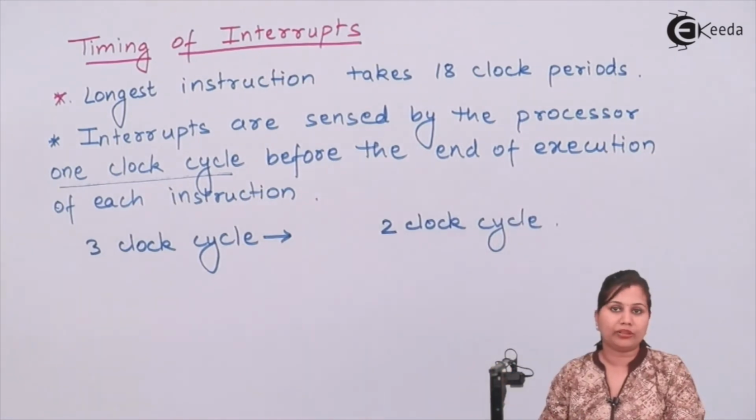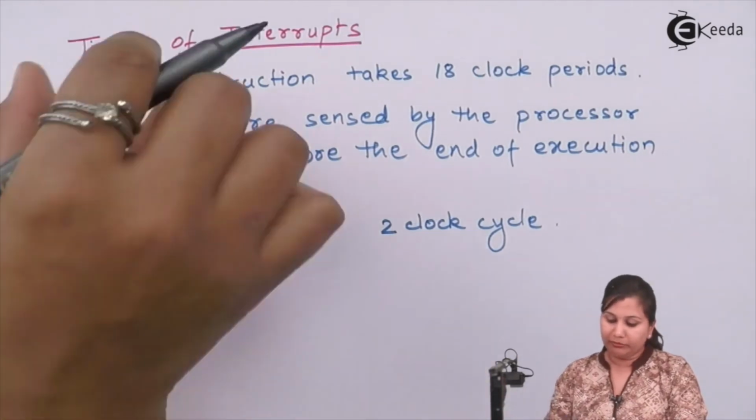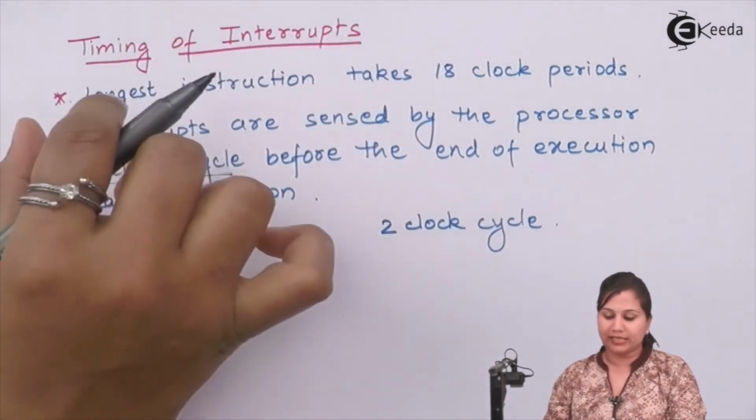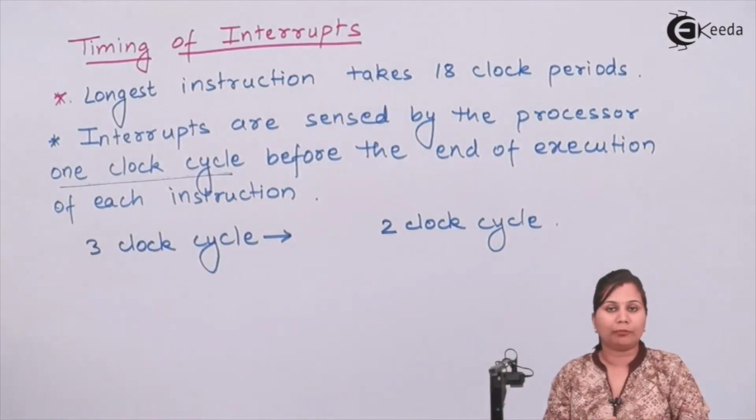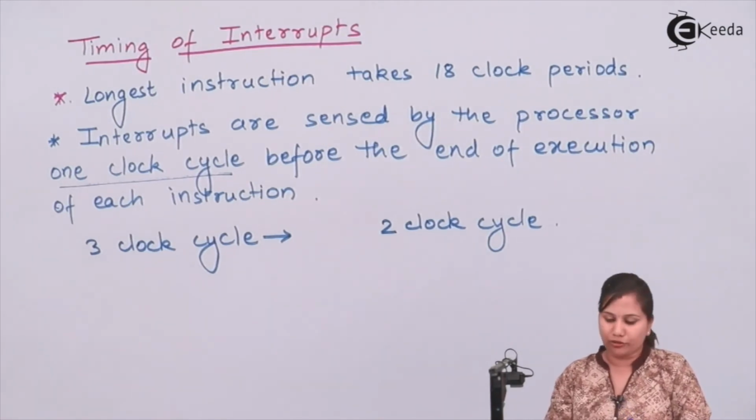So the minimum timing of the interrupt is decided by this: the interrupt should be available at that time so that the microprocessor can sense it.